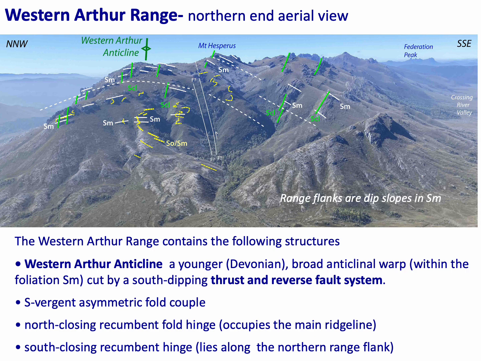The anticline folds a south virgin asymmetric fold couple across the range. The north closing recumbent fold occupies the main ridgeline, whereas the south closing hinge lies along the northern range flank. The fold pair is faulted at many points along the range.